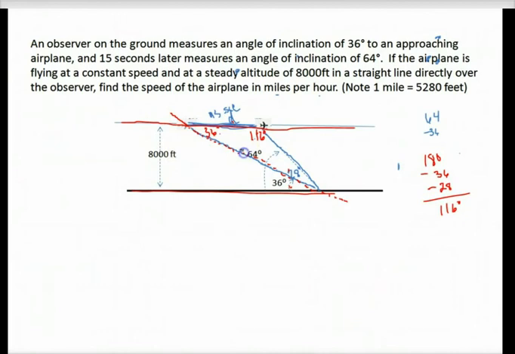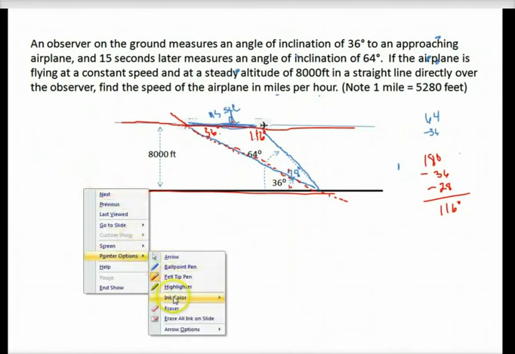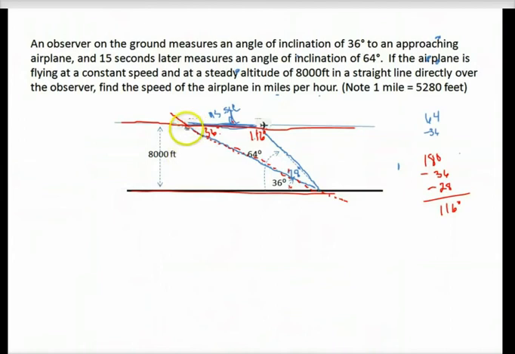So we're going to do a little sidetrack here. If I can find the length of this side, I will be golden. So we're going to do a little detour right here. I'm going to change my color and I'm going to take that and move it over so it makes a right triangle.